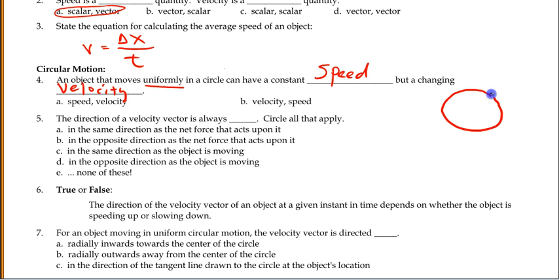If you look at the top-down view of something that's moving around a circle, here's our object. Its velocity is tangent to the circle, touching it at only one point, going in that direction. When it's gotten around to this point, the length of the arrow would not have changed, but the direction of the arrow would have changed. So the speed didn't change, our speed was constant, but the velocity, the direction, did change.